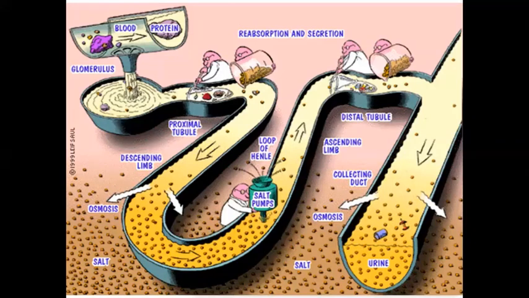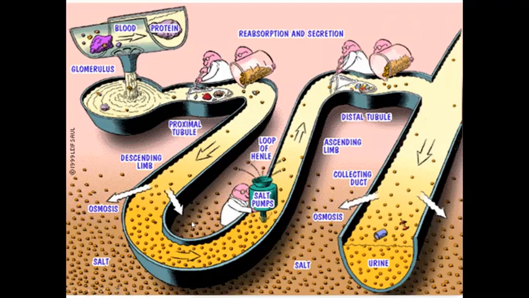In the thin ascending limb, so you can see you have the thin descending and the thin ascending, you have these pumps that are pumping salts like sodium, chloride, potassium into the medulla of the kidney. The concentration of these solutes is going to increase in the medulla.